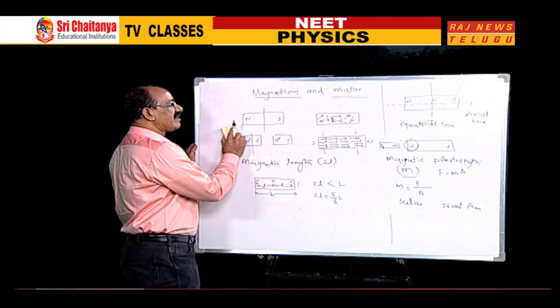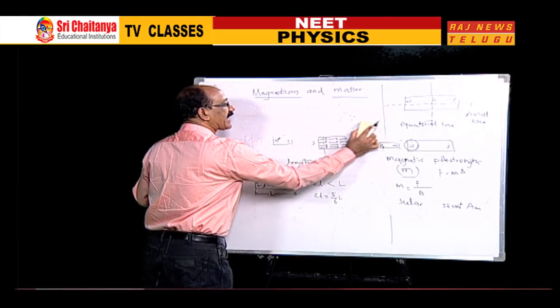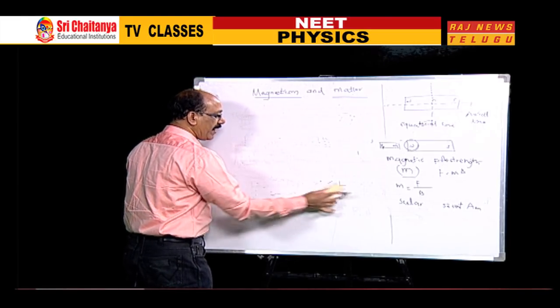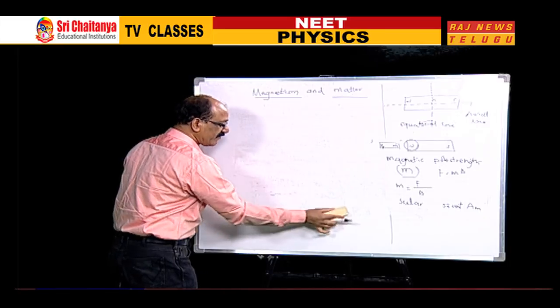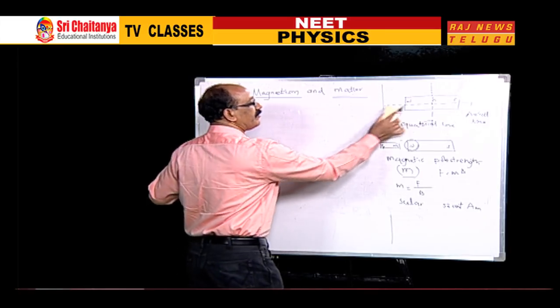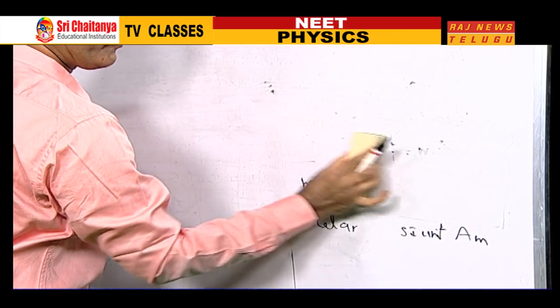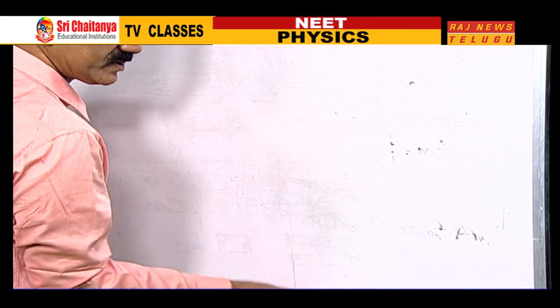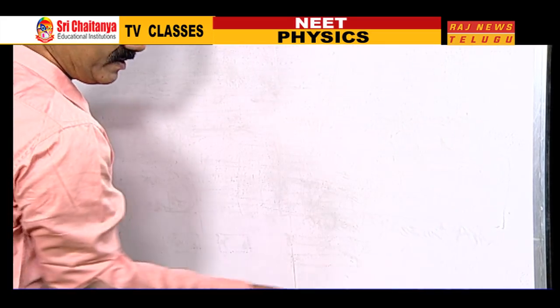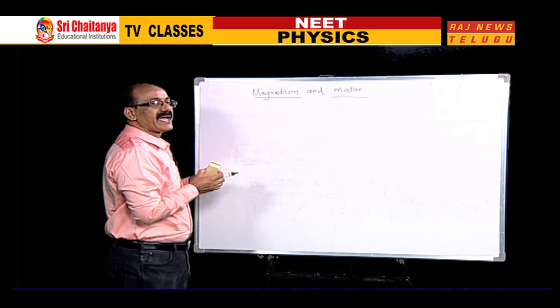Now we come across a quantity called magnetic moment. The definition of magnetic moment we will discuss from the torque experienced by a magnet placed in a magnetic field. But for talking about the strength of the magnet, we need to talk about magnetic moment.